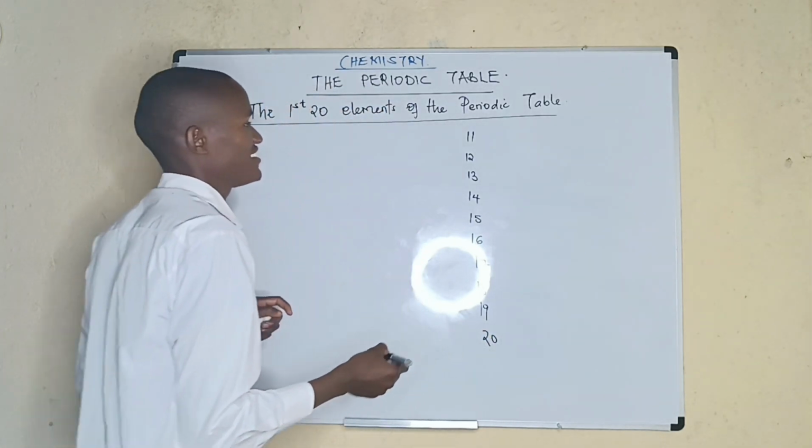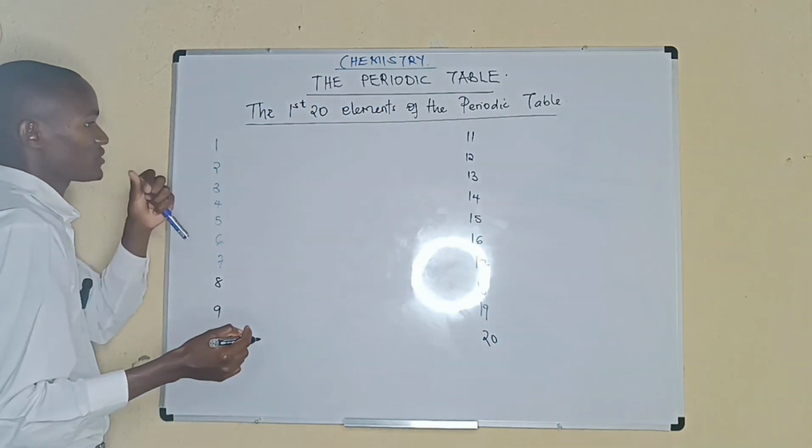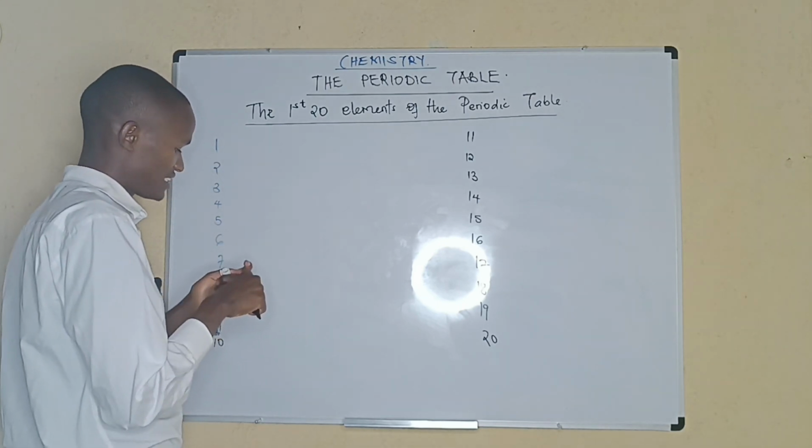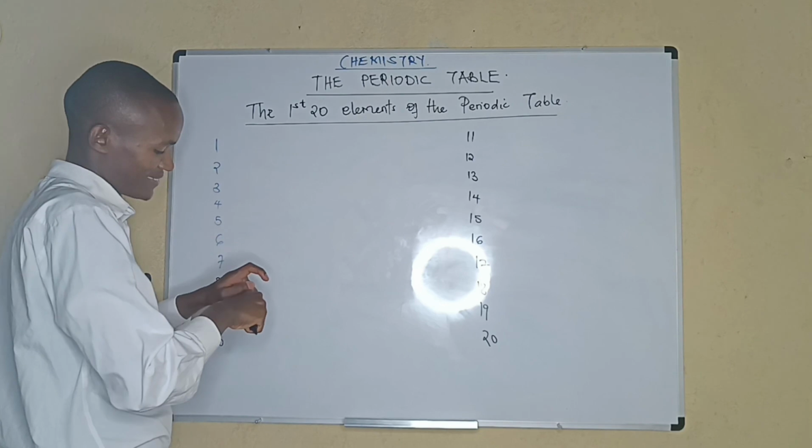I know you have seen this since Form 1, so we can just name the first 20 elements. You can also remind yourselves by naming them after me.